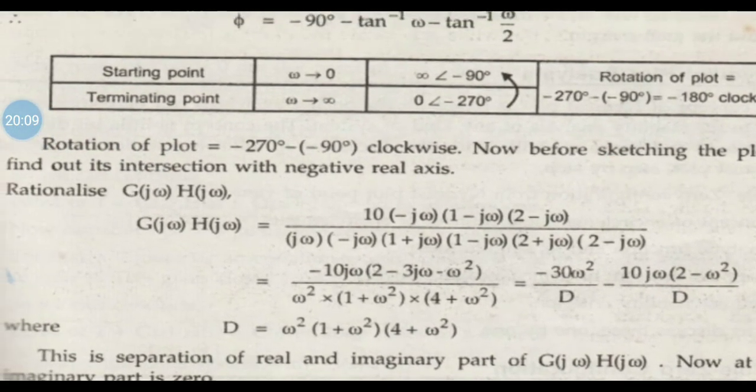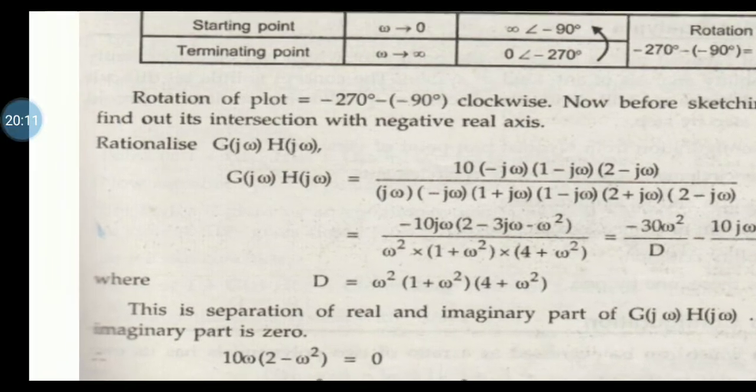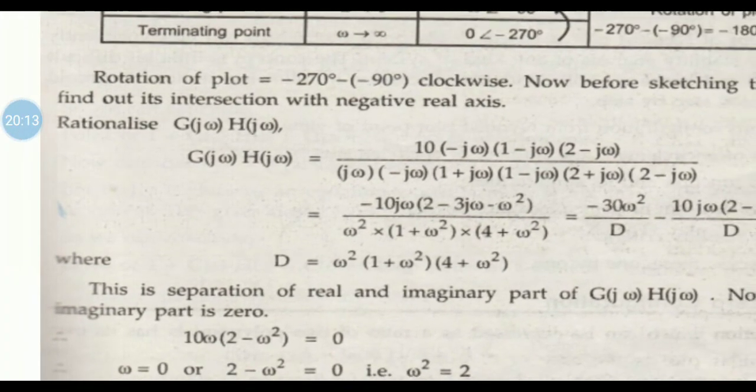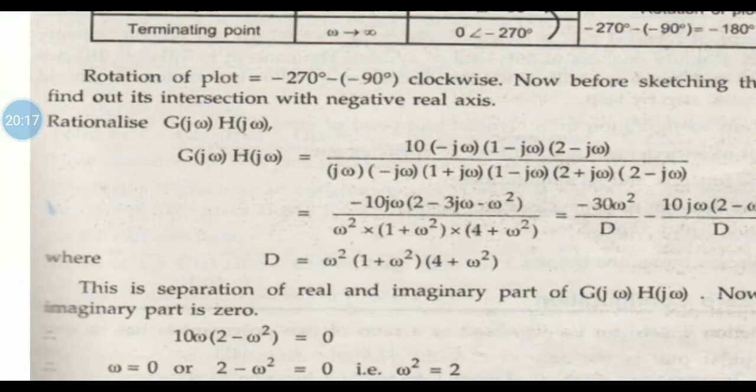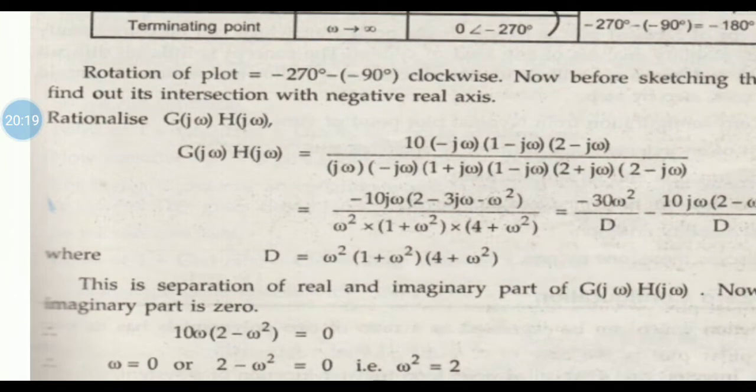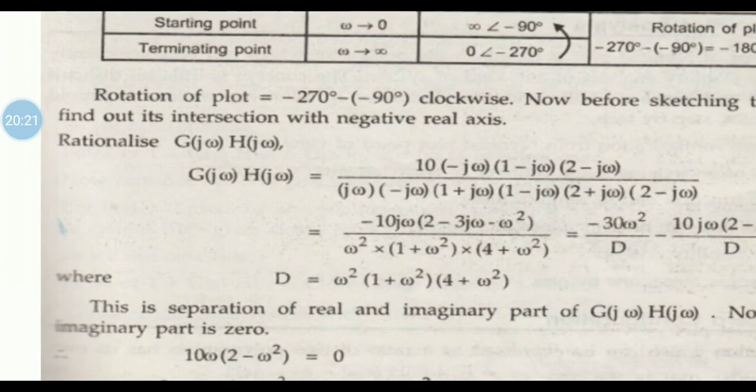Now before sketching the plot, let us find its intersection with the negative real axis. How to find the intersection with the negative real axis? Rationalize G of j omega, H of j omega.